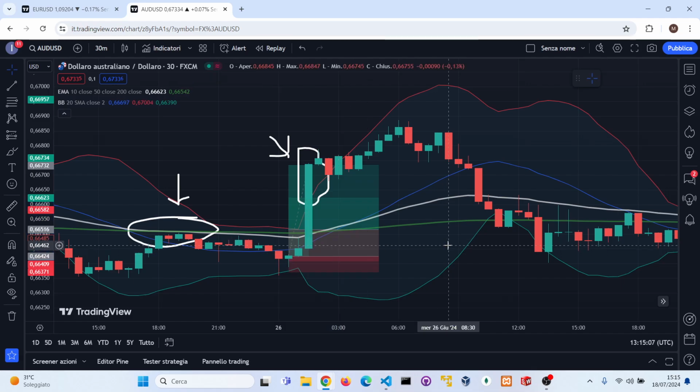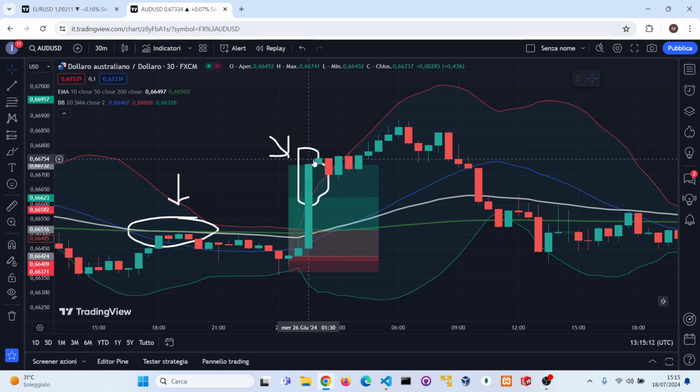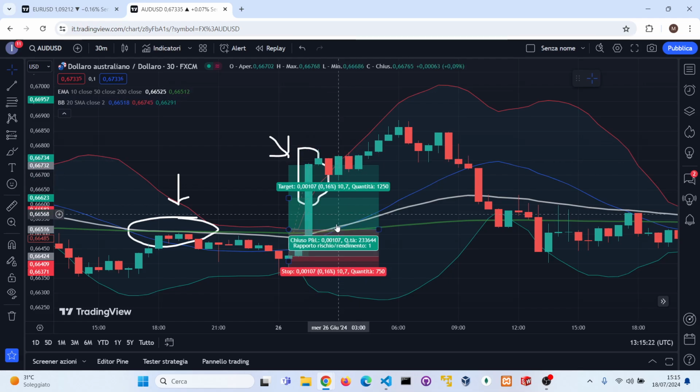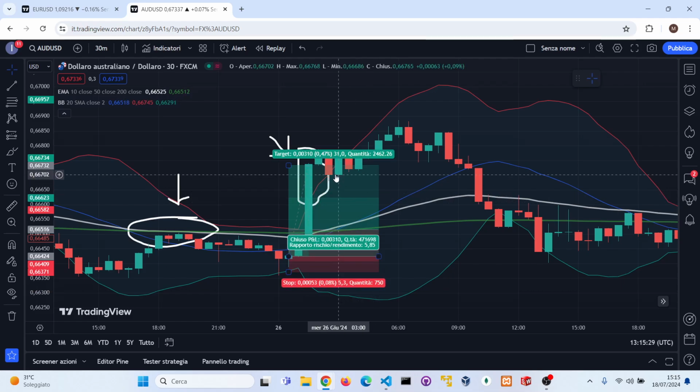But let's go on. As you can see now, I have opened a long position and I have closed it here. Why did I close it here? This strategy doesn't have a specific take profit or stop loss. So the take profit and the stop loss that you are seeing now are completely random. My strategy doesn't tell me that.